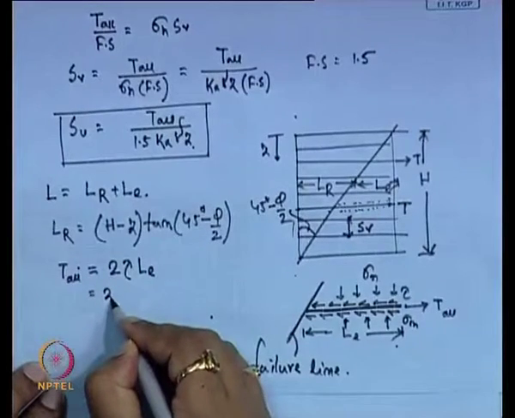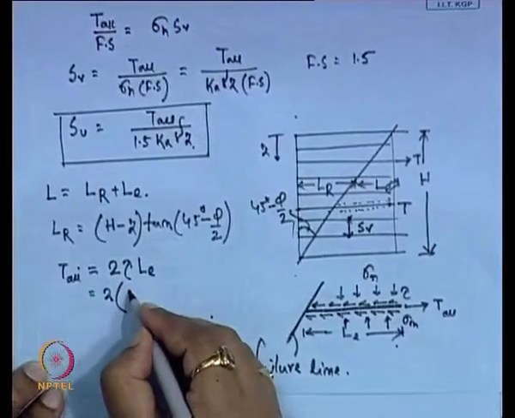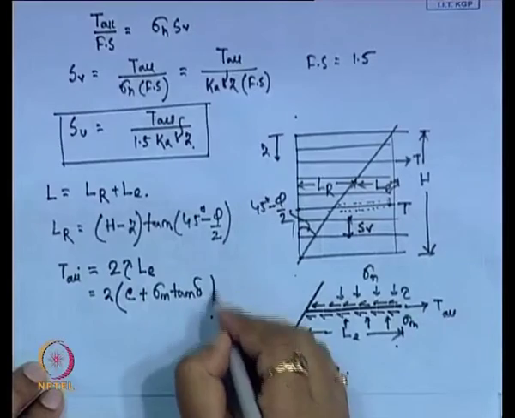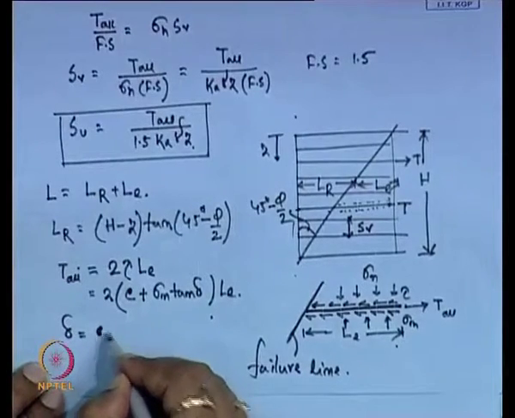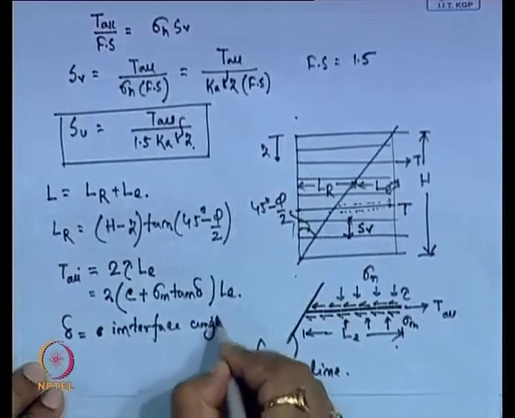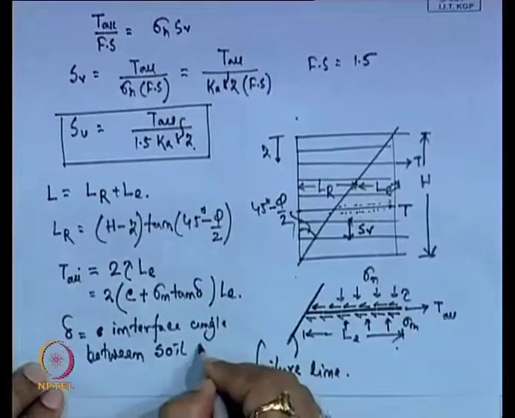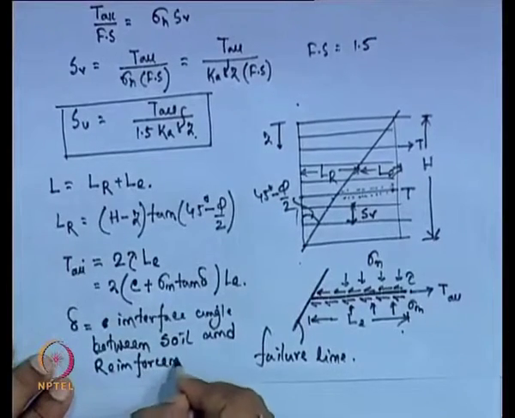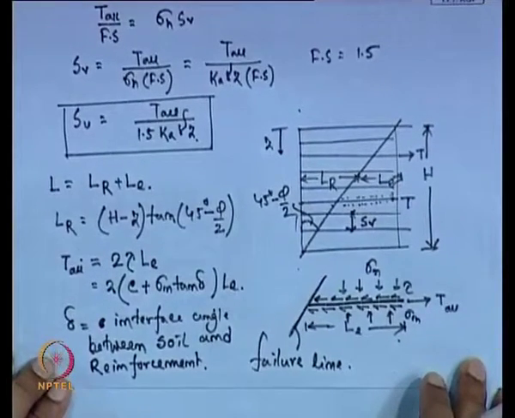We can get tau from the expression of the shear strength, that is C plus sigma n into tan delta, where delta is the interface angle between the soil and reinforcement.